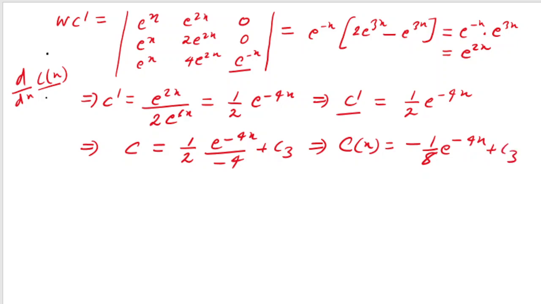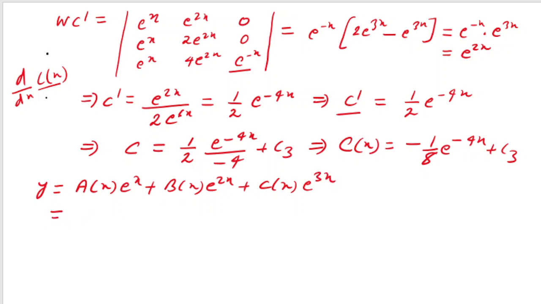So now what will be the general solution? As I have told you earlier, the general solution I was writing is a of x into y1, which was e to the power x, plus b of x into y2, which was e to the power 2x, plus c of x into y3, which was e to the power 3x. And what is a of x that I have got?